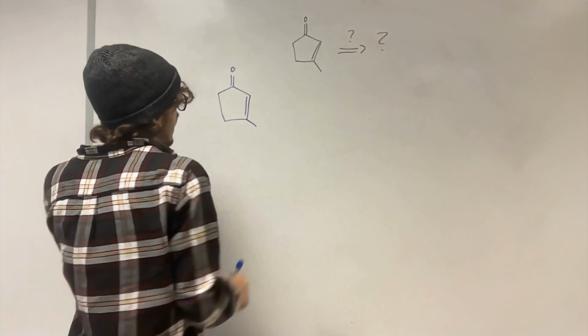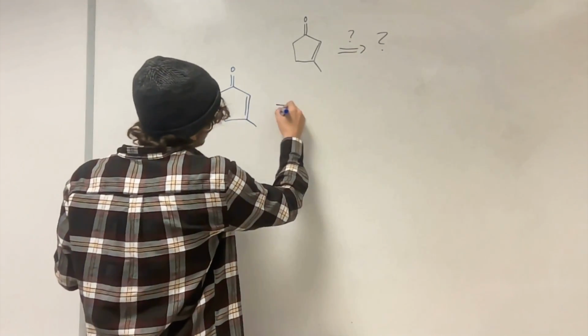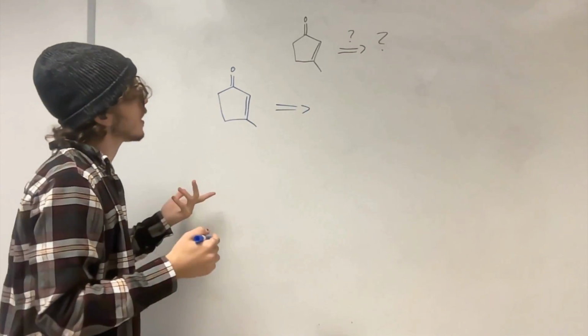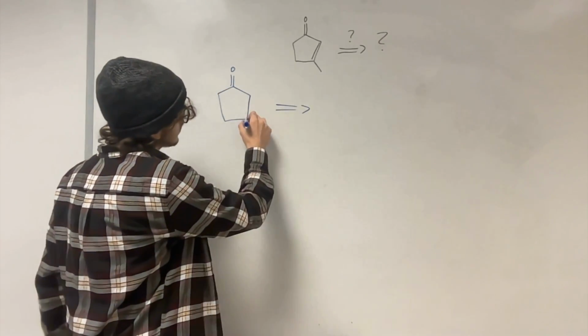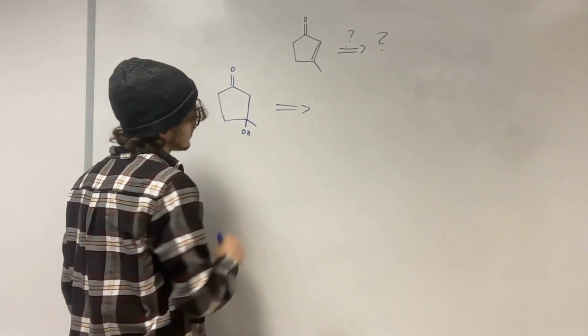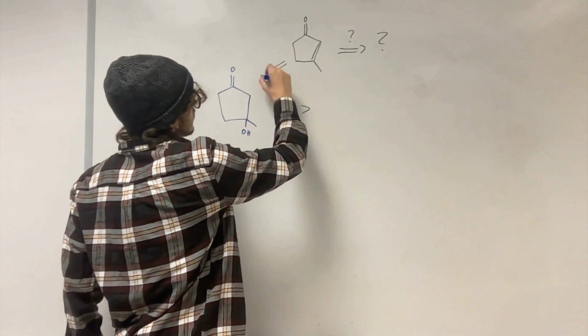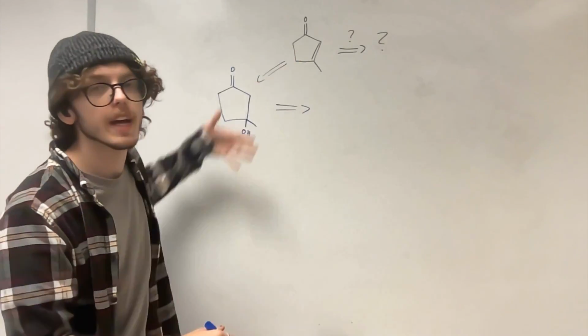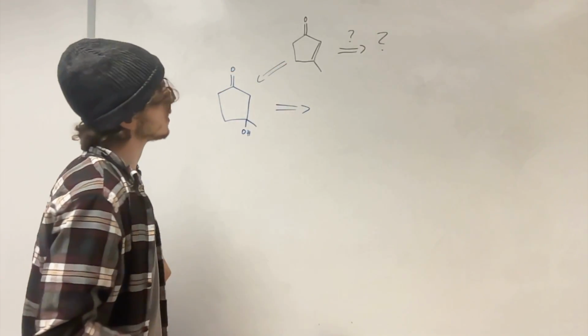If I have an alpha-beta unsaturated ketone, I know this must have come from a beta-hydroxy ketone. So alpha-beta, we know that there should have been an OH here. I'll go like this to show that we're moving down, from alpha-beta unsaturated ketone to beta-hydroxy ketone.